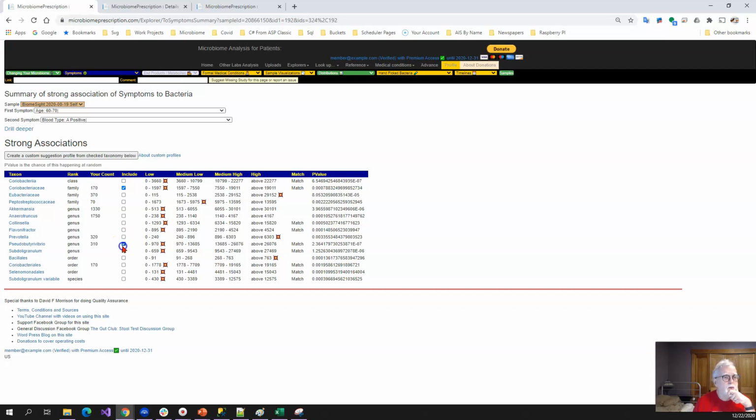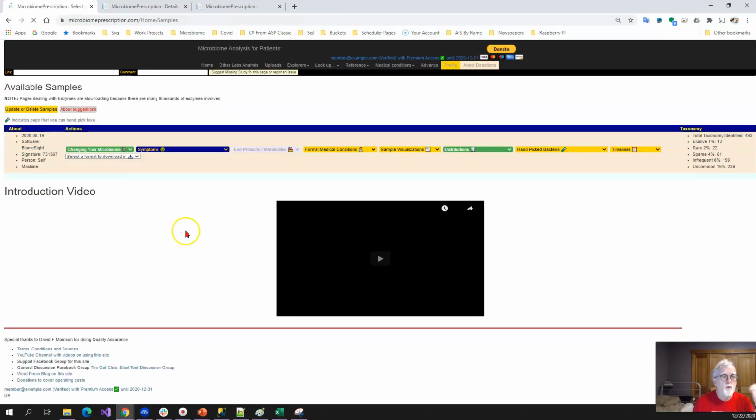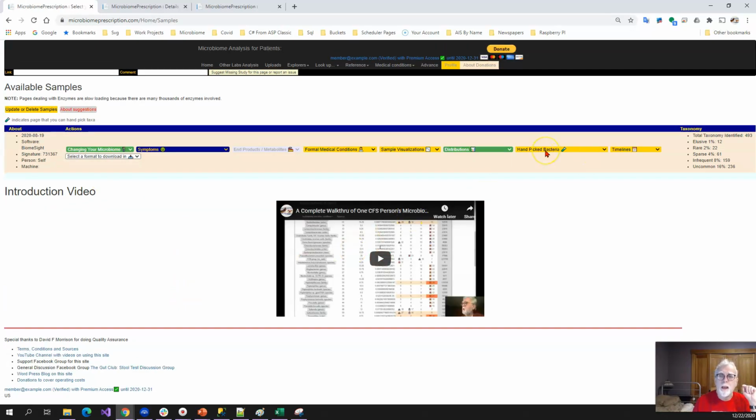So I'm going to take those two bacteria, and I'm going to click this button, and it will add it to a hand-picked selection, which means I can be absolutely specific when I start working on recipes, which bacteria are to be included in the recipe. I click that, goes back to the page, and we have hand-picked bacteria here.